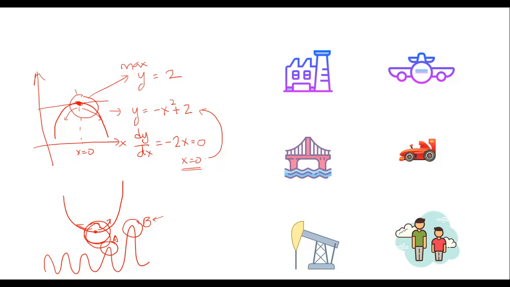Yes, it is also a maximum point. So this is what we call a local maximum, and this one is a global maximum. This is just an additional idea of why the neighboring values of x are very important if you want to scrutinize what type of maximum or minimum value you have.